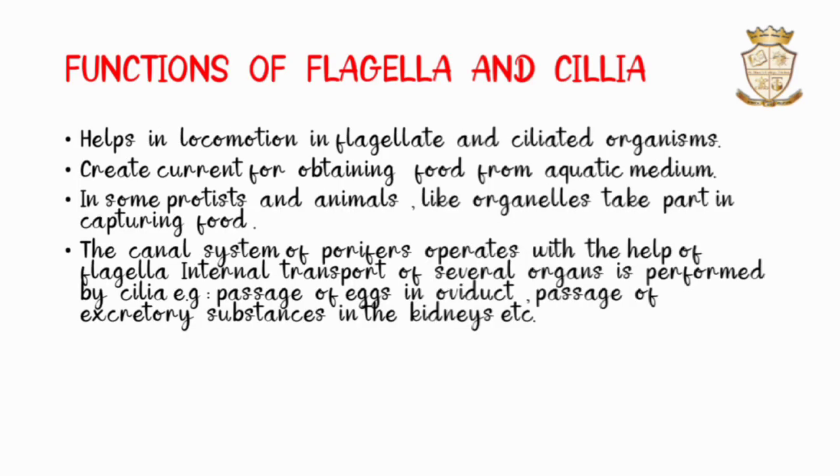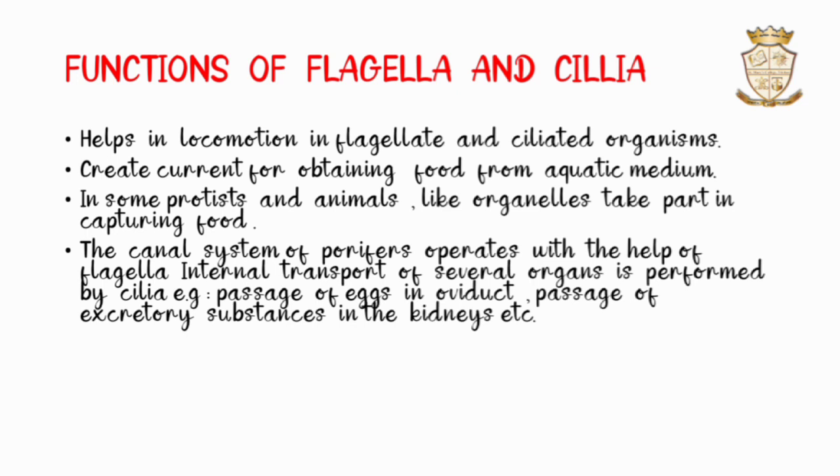Functions of flagella and cilia. They help in locomotion in flagellate and ciliated organisms. They create currents for obtaining food from the aquatic medium. In some protists and animals, organelles take part in capturing food. The canal system of poriferans operates with the help of flagella.